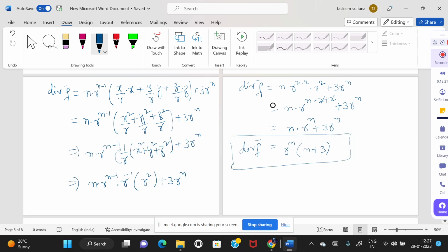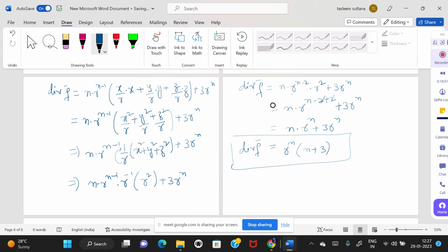Bases are the same, so powers will be added: r to the power of n minus 1 minus 1 becomes n minus 2, that I have written over here. x square plus y square plus z square is r square. Bases are same, so powers should be added: r to the power of n minus 2 plus 2, the minus 2 and plus 2 get cancelled, plus 3 r to the power of n. We take r to the power of n common from here, and we get n plus 3.